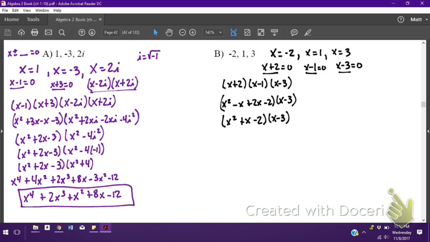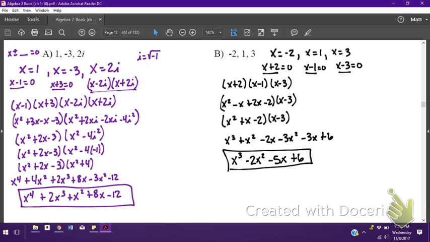I'll distribute through and you get x to the 3rd plus x squared minus 2x minus 3x squared minus 3x plus 6. So I'm going to get x to the 3rd minus 2x squared minus 5x plus 6. Okay, and there's our polynomial.